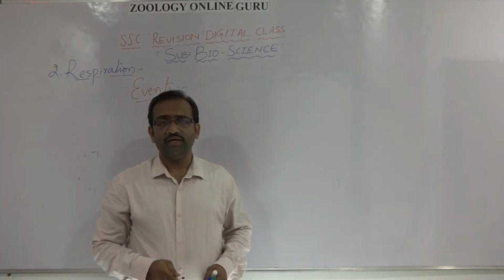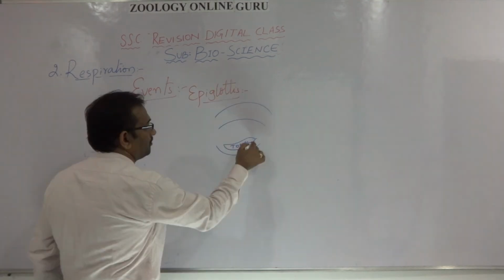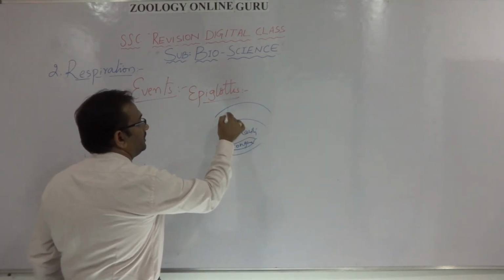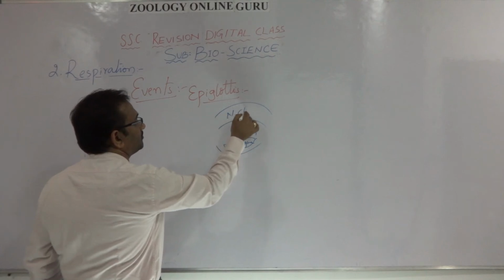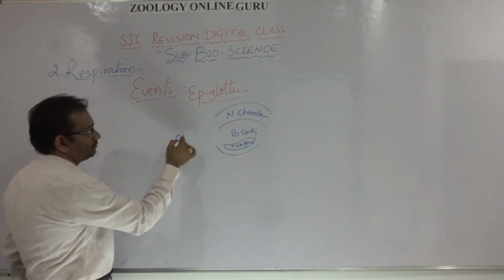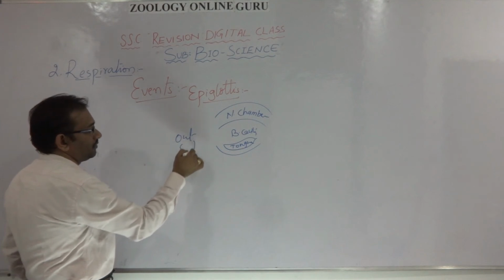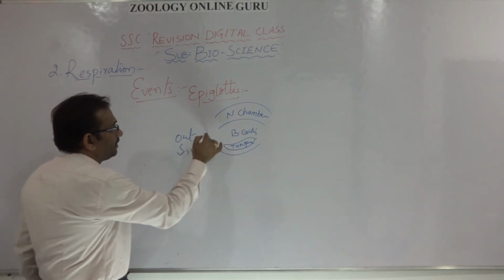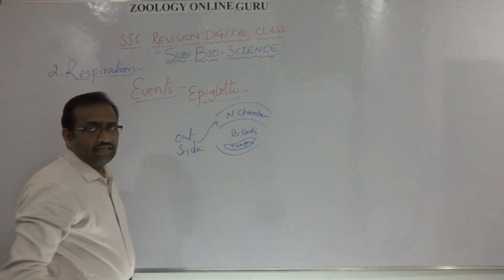Next topic is the epiglottis in the passage of air. Buccal cavity, nasal chamber. Outside. From the outside, the air enters into the nasal chamber.